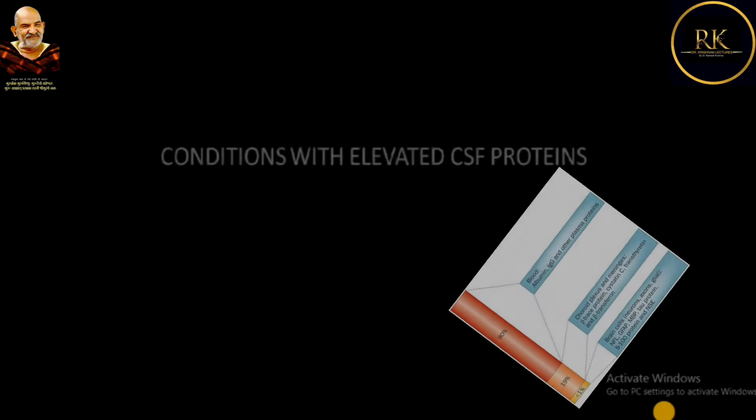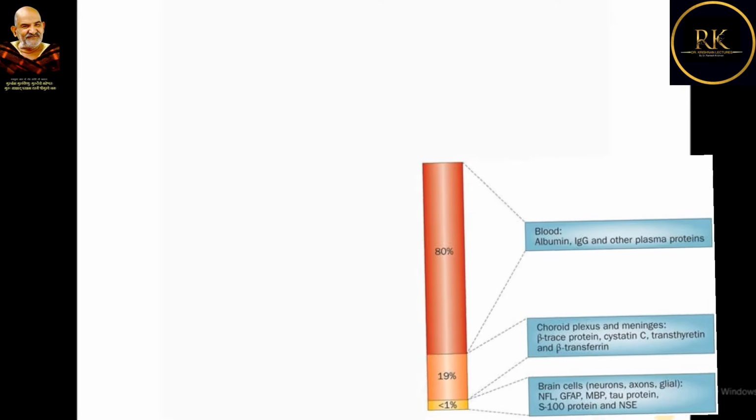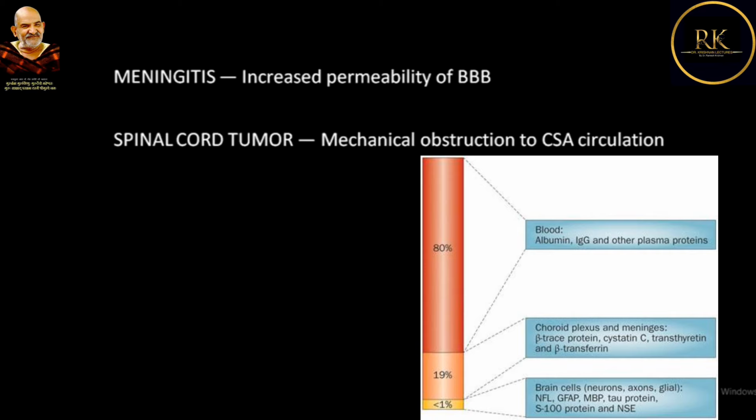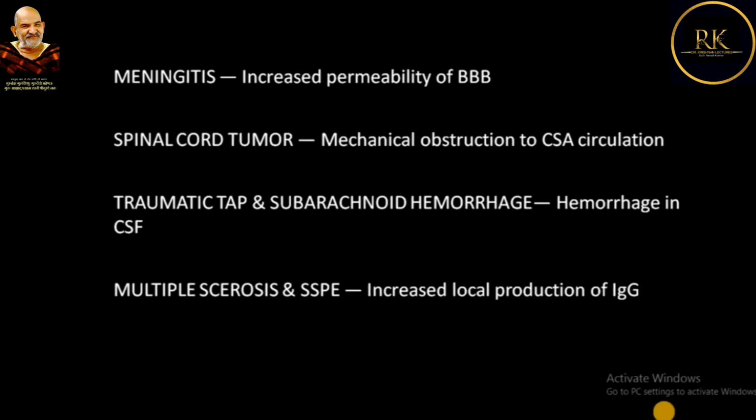Conditions which lead to elevated CSF proteins include meningitis because of increased permeability of the blood-brain barrier, a spinal cord tumor with mechanical obstruction to CSF circulation, traumatic taps and subarachnoid hemorrhage due to hemorrhage in the CSF, multiple sclerosis and SSPE, which leads to increased local production of IgG antibody.